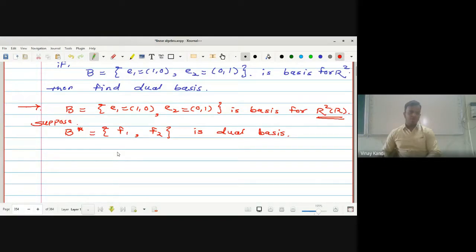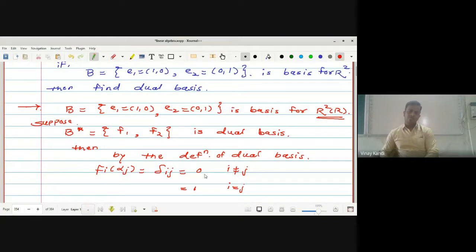Okay, now we have to find what is the function f1 and f2. How f1 and f2 will be, we have to find out. Okay, then by the definition of dual basis, phi i of alpha j is equal to delta ij, that is equal to 0 when i is not equal to j and is equal to 1 when i is equal to j.